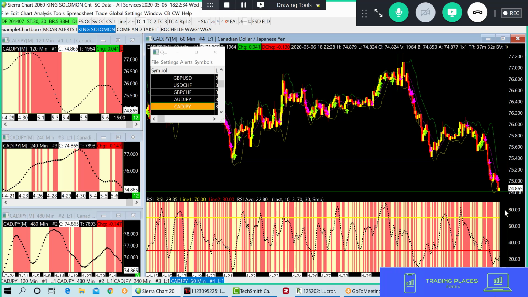Will it continue? It might. Here's a yellow candle right here about to shoot up, but there is so much pressure to go down. I think it may go short, but I don't. There's way too much brain damage there. So I'm going to just go to the next one.